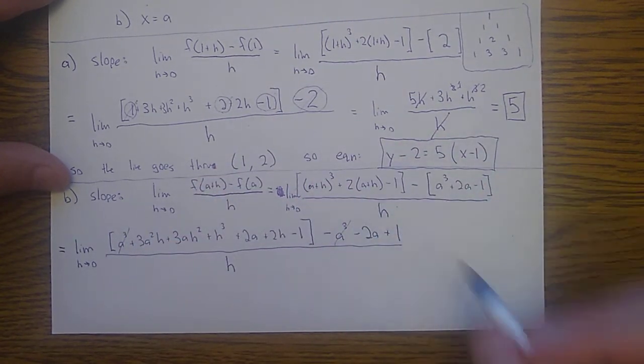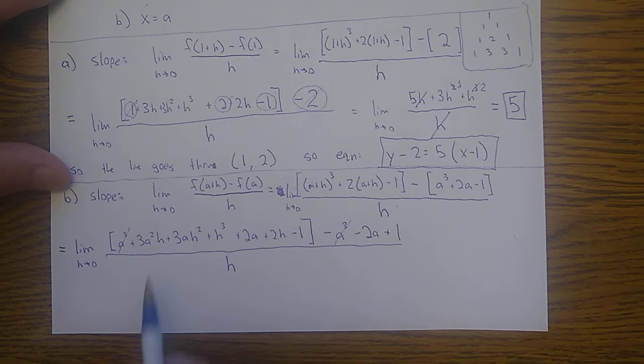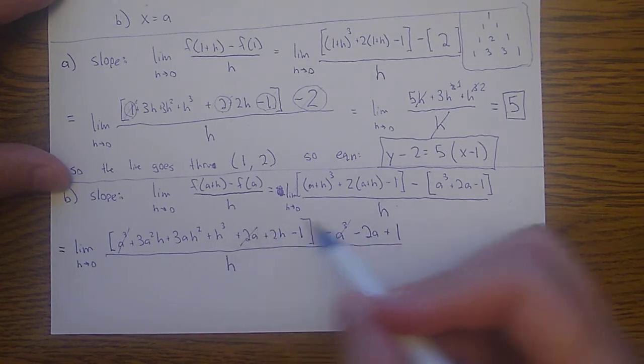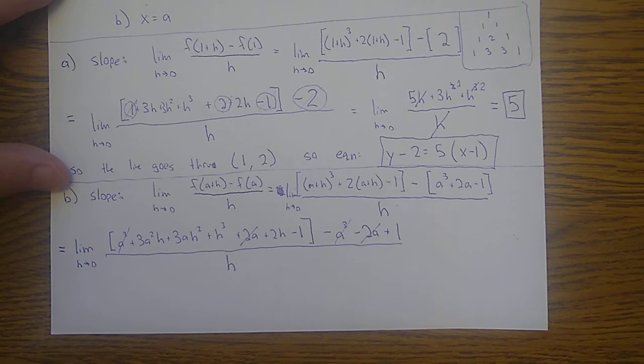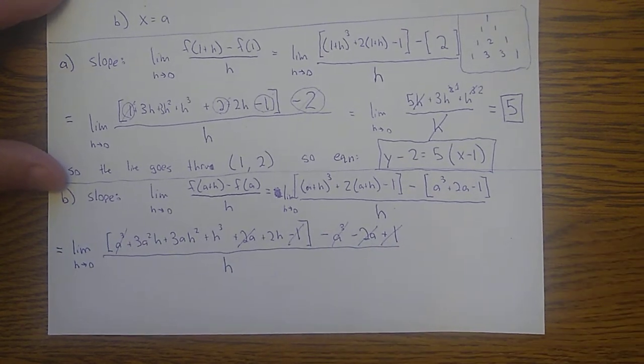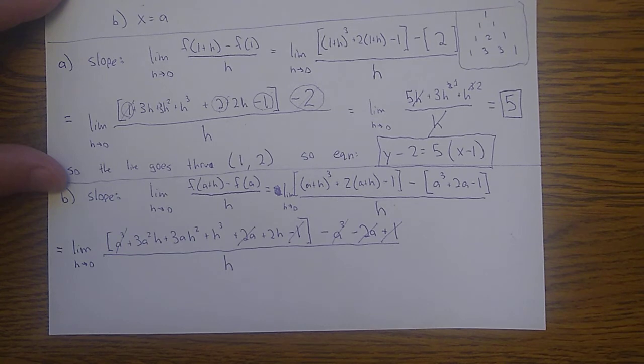Luckily, I have this minus a cubed. This has an h on it, this has h, this has h. Okay, this doesn't have h, so something should cancel with this. And look, it does. Okay, this has an h, this doesn't have an h, so something should cancel it, and look, it does. Okay, so I'm happy with that.